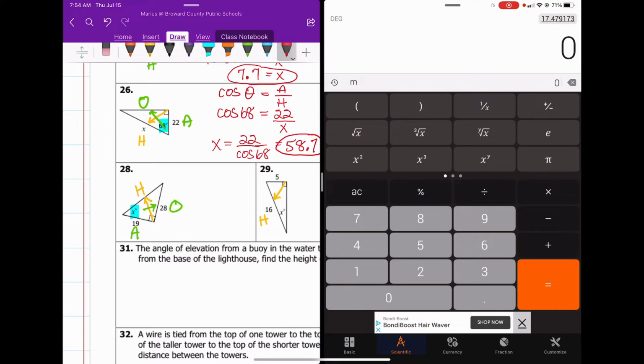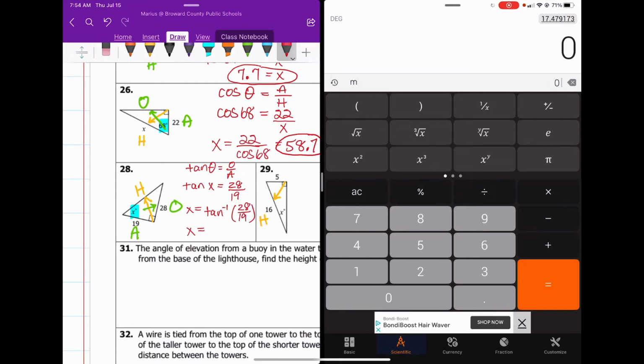So this would be tan theta is equal to opposite over adjacent. We're going to write tan x is equal to 28 over 19, okay? Next, we know that x is going to be equal to inverse tangent of 28 divided by 19, okay?